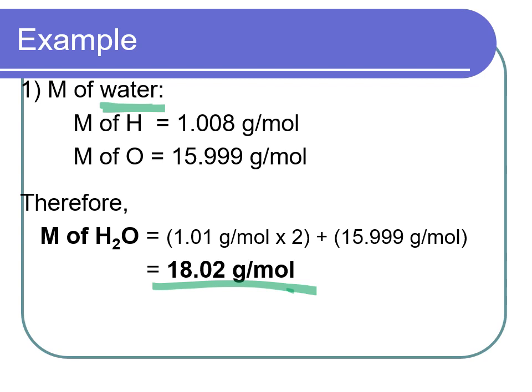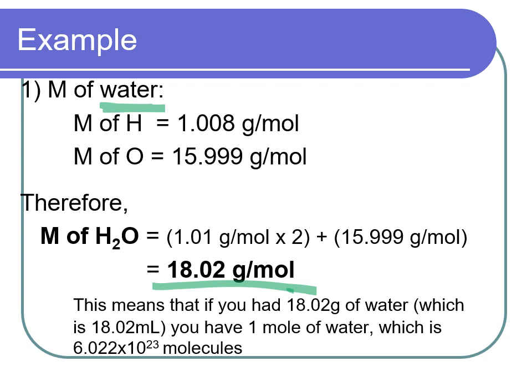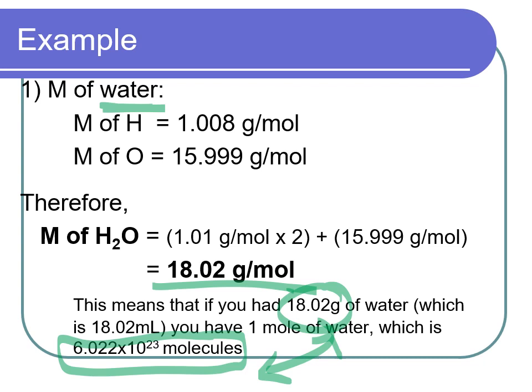That would be a mole of water. If you wanted 6.022 times 10 to the 23 molecules of water, you would have to weigh out 18.02 grams, and that would tell you that you have 1 mole of water, or 6.022 times 10 to the 23 molecules of water in 18.02 grams. The molar mass of water, 18.02 grams per mole.